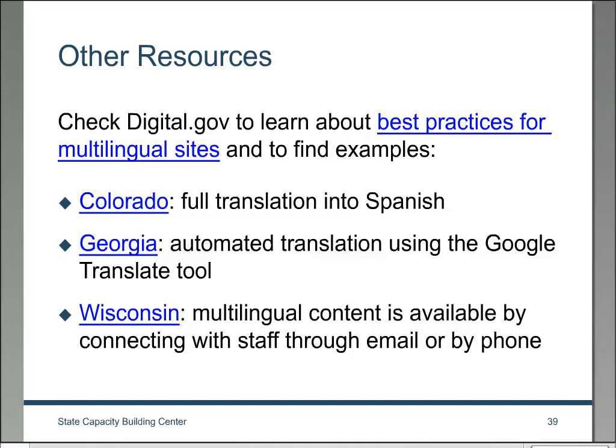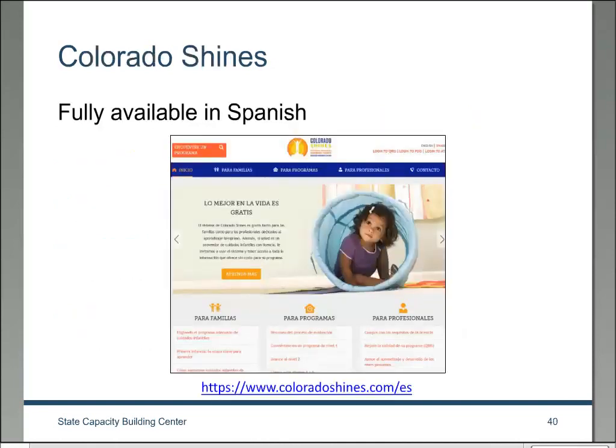Colorado, for example, has a full translation into Spanish for its site, which I'll show an example of in a moment. You can see Georgia has used the automated translation route, and of course Wisconsin has some multilingual content available by connecting via email or phone with staff. So these are different examples of some of the different types that we showed.